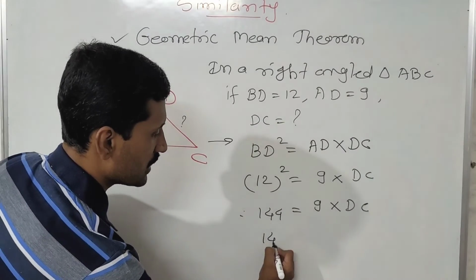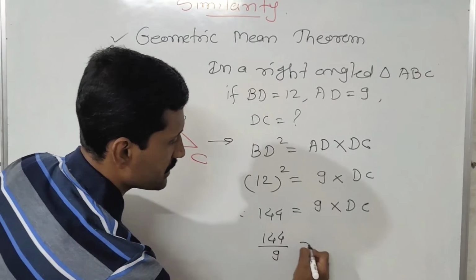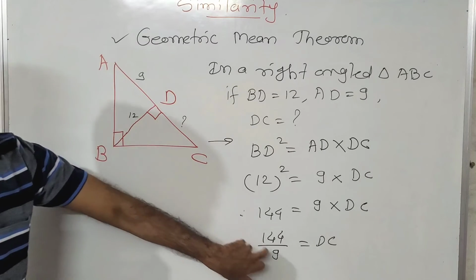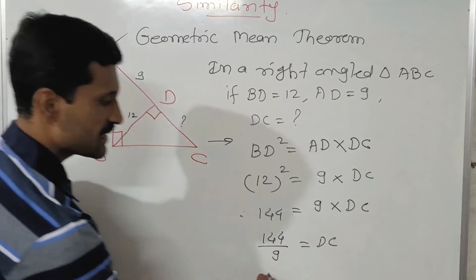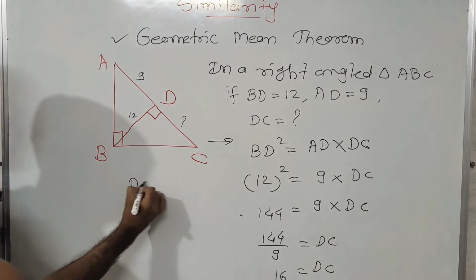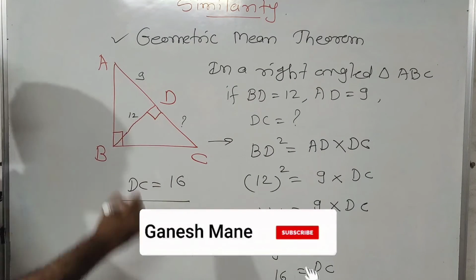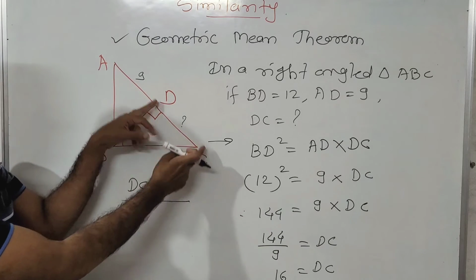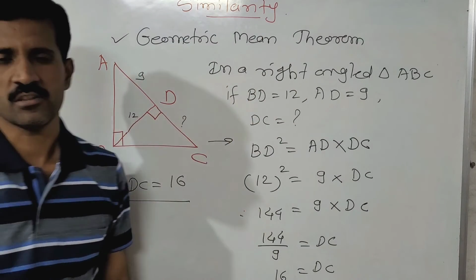So as to get 144 divided by 9 is equal to DC. And now if we divide 144 by 9, we get 16 is equal to DC. That is, the length of segment DC is 16 units. So here, to find the length of segment DC, we have used the geometric mean theorem.